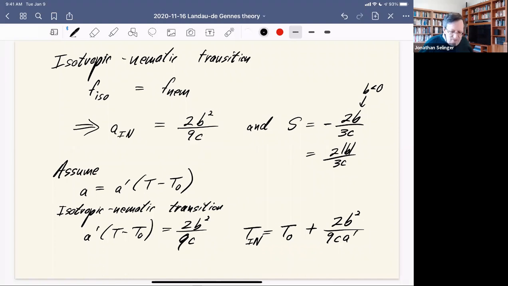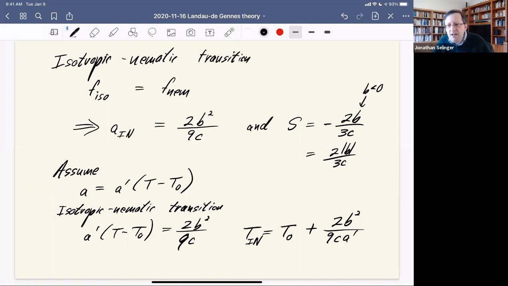At this point, let's summarize what we've learned from this and then think about, was it worth it? So what have we learned from doing this calculation? The main thing I would say that we've learned from it is that the isotropic nematic transition is a first order transition.